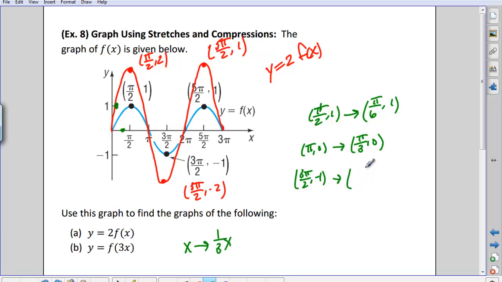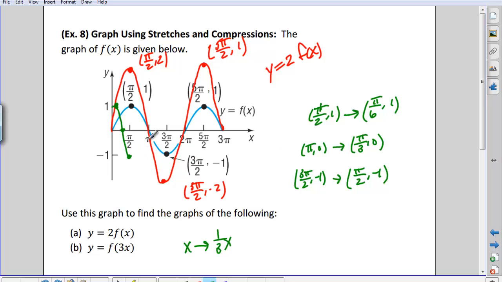That becomes pi halves, negative 1. Multiply it by 1/3, get pi halves. And you start to see the shape of this thing.